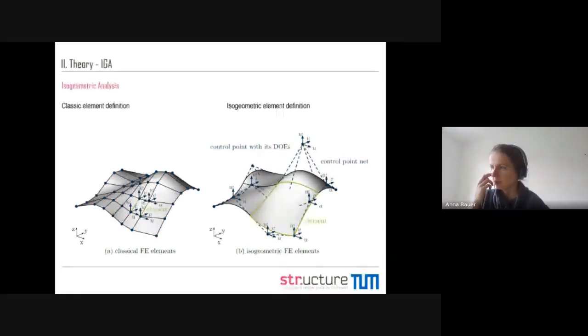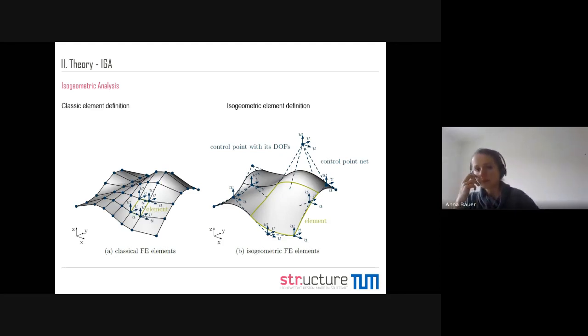For the isogeometric analysis, we basically use the same, but we set the degrees of freedom on the control points of the NURBS surface, and the element is defined in between the isolines of the surface or the curve. And the isolines correspond to the knots.